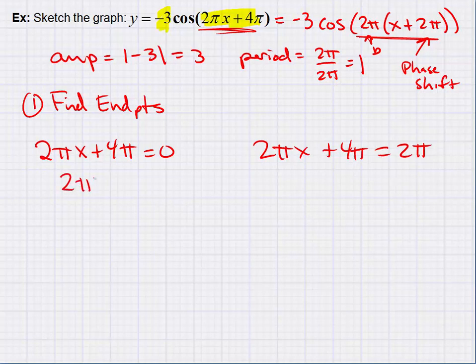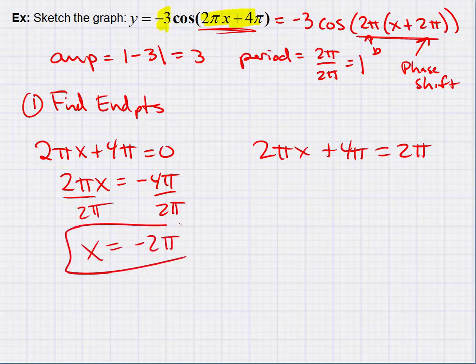So 2πx + 4π = 2π: I subtract 4π, I get 2πx = -2π. Then I divide by 2π, I get x = -1.